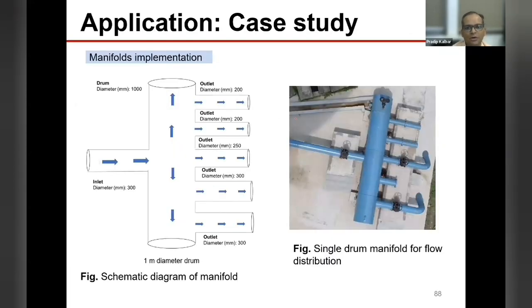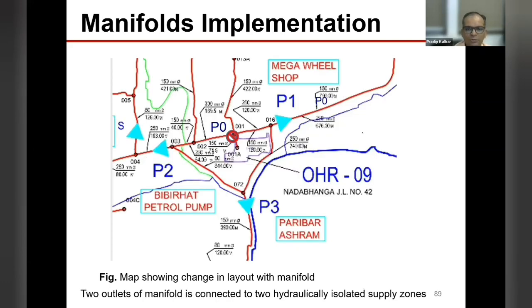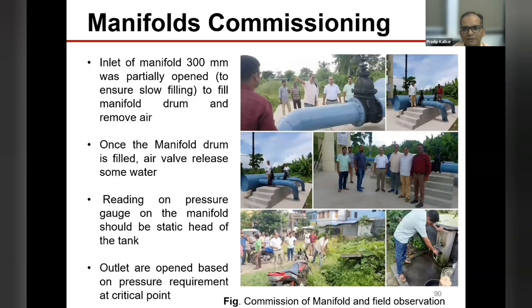So what we first suggested is to convert the single outlet to multiple outlets. So we asked them to install this manifold. We gave the design, and very promptly, very actively, they installed this manifold. Then we asked them to do the zoning. And after this effort, water started coming in many areas. Again, the executive engineer and the team were there to see the commissioning and the results.